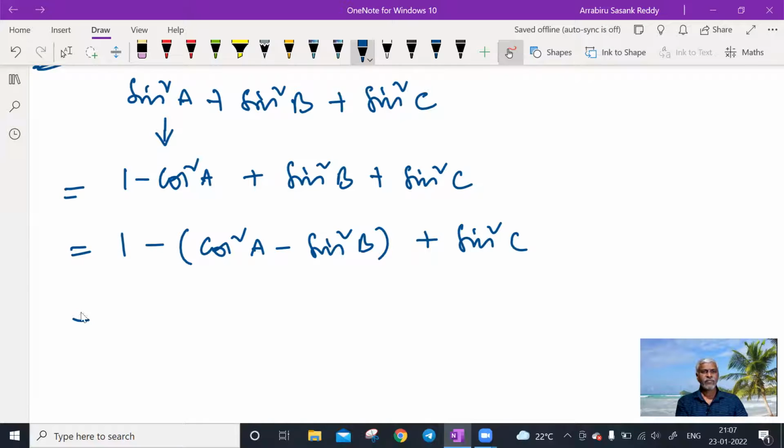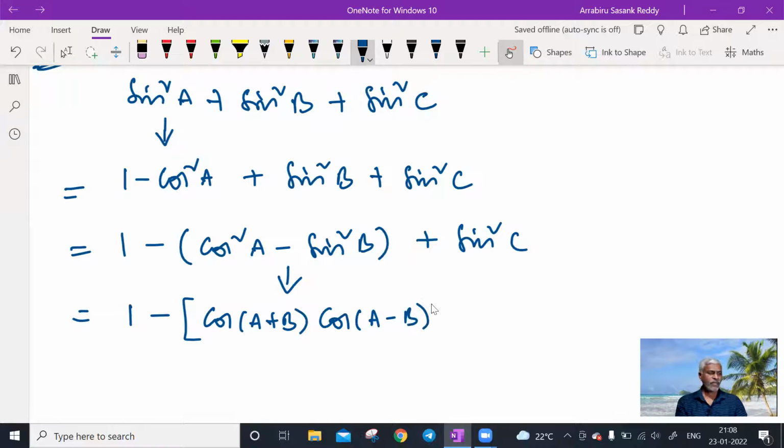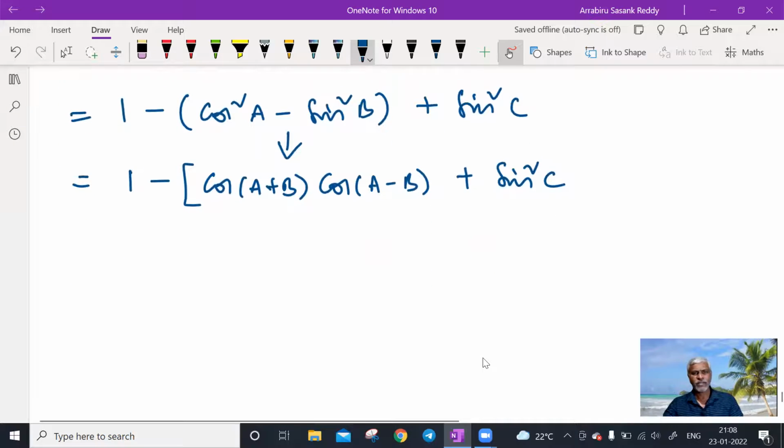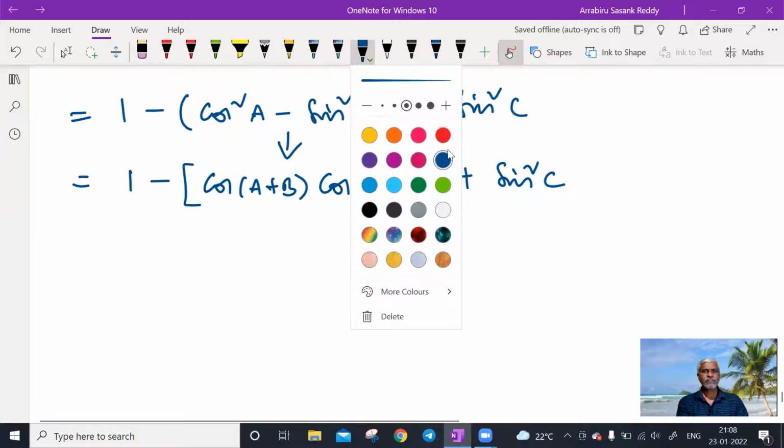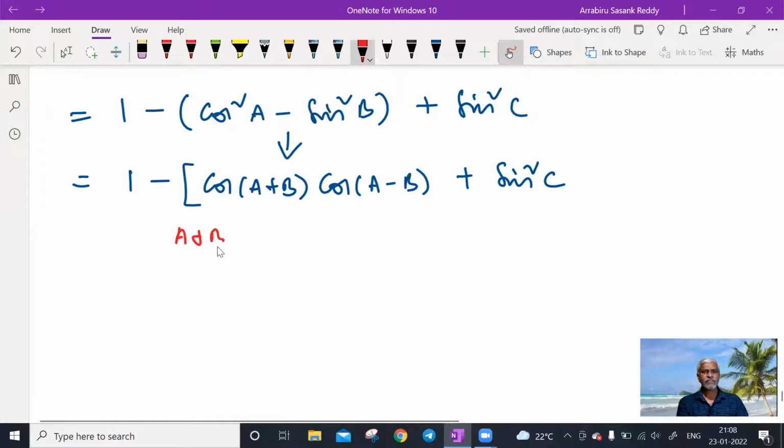So cos² A minus sin² B is cos (A+B) cos (A−B) by the formula. Sin² C as it is. Now A plus B plus C is 90 degrees, that is pi by 2.